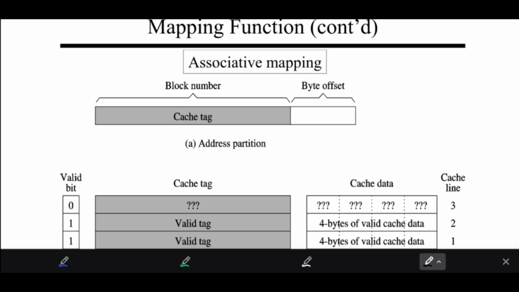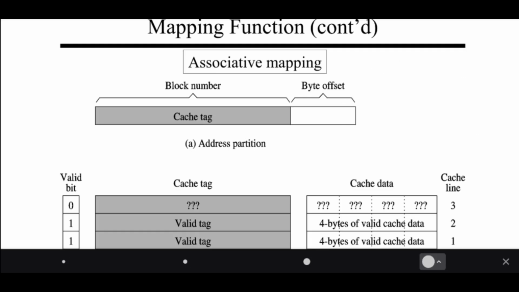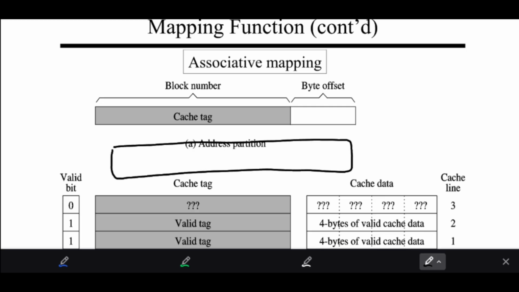There may be a question in your mind: if there are 5 empty blocks inside the cache, then who decides in which empty cell the data is stored? Let's say this is a cache and there are 5 empty blocks, 1, 2, 3, 4 and 5.